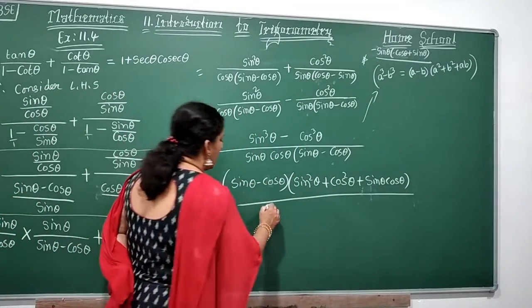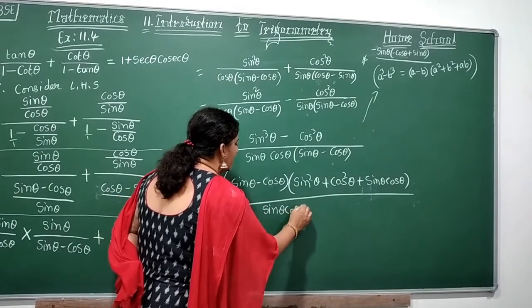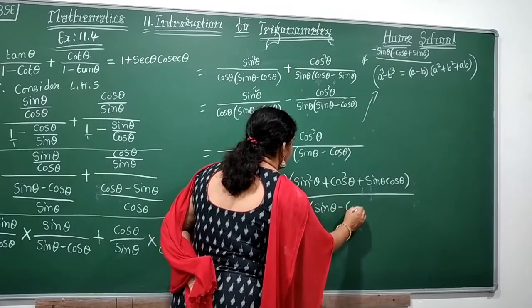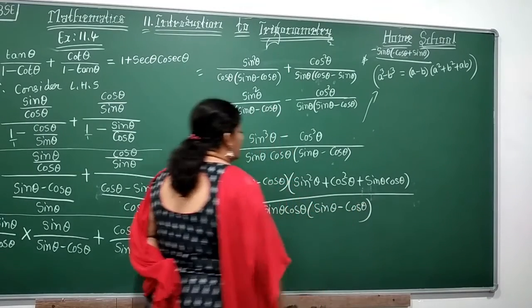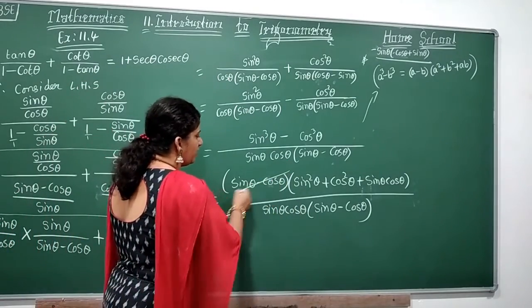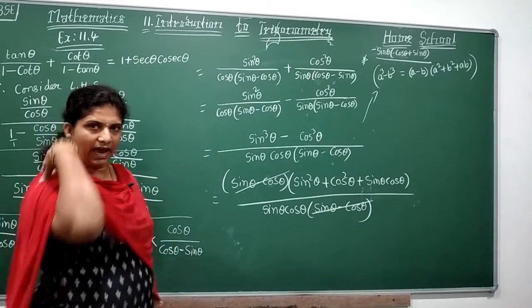Now don't multiply, write as it is: sin theta cos theta into sin theta minus cos theta. Now look here, children, sin theta minus cos theta and sin theta minus cos theta will be cancelled.